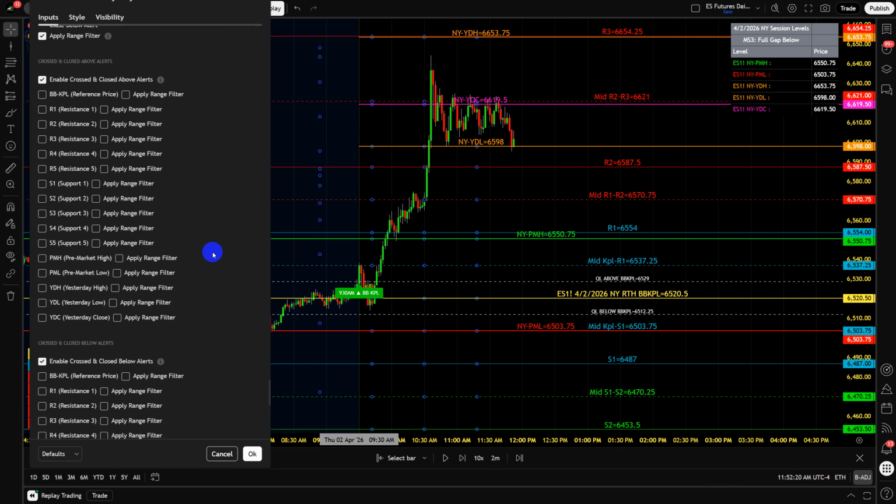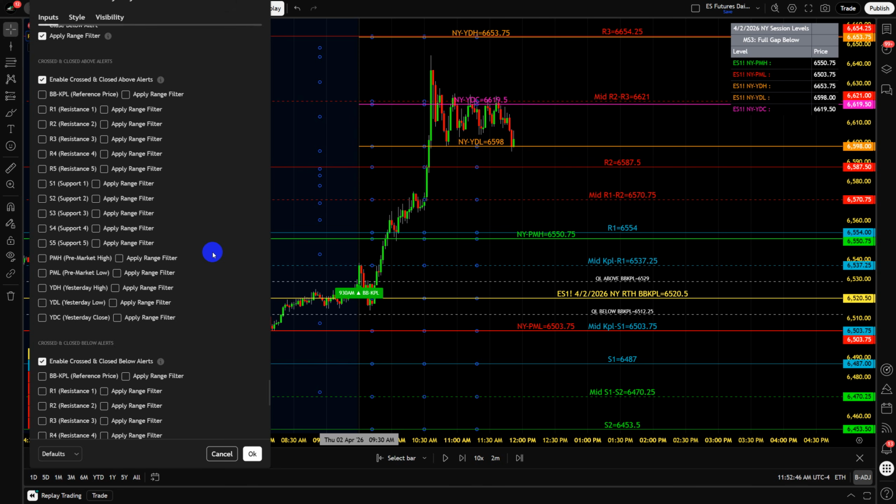Okay, so another reason for these crossed and closed above alerts, besides considering trade entries, is also to alert you when it happens to hit a main key level or a contextual level for an exit or for an adjustment to your trade.